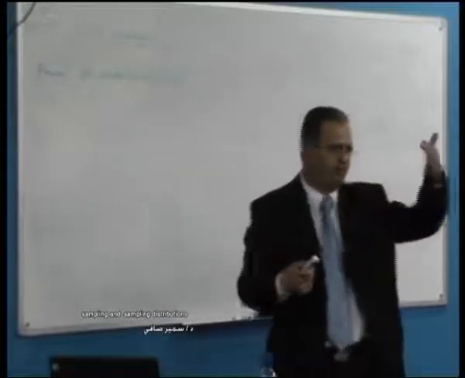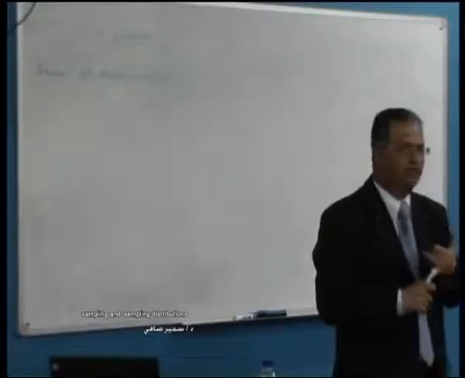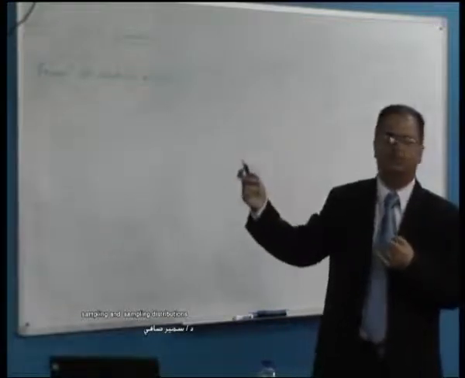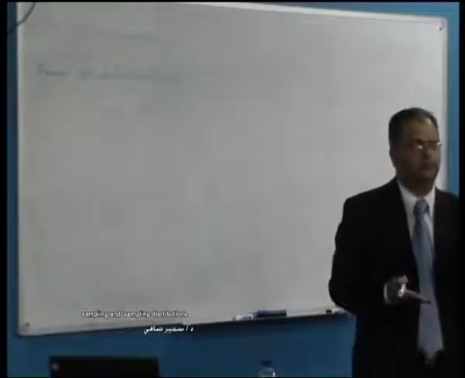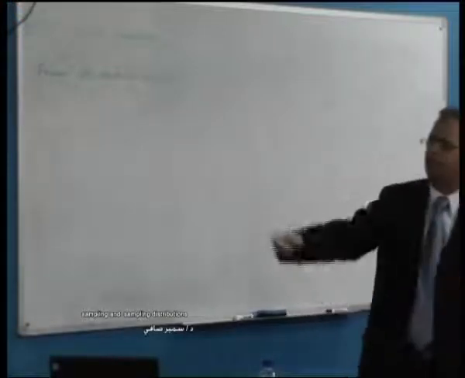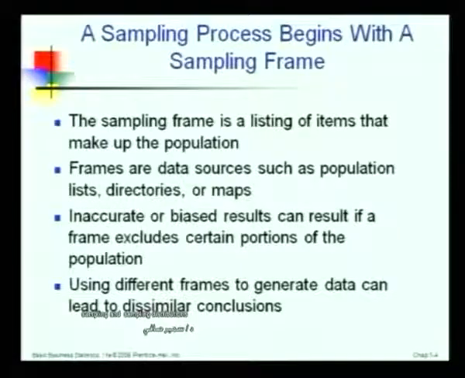Suppose we have the names of IUG students. So that's my population list. Or directories, or maps, and so on. So that's the frame we have to know about the population we are interested in.